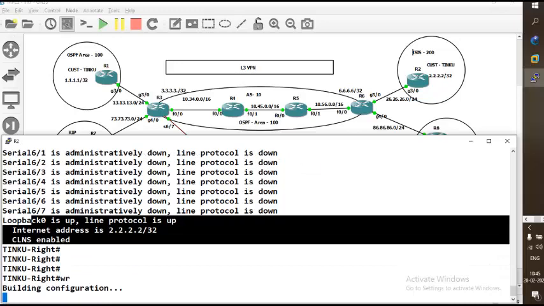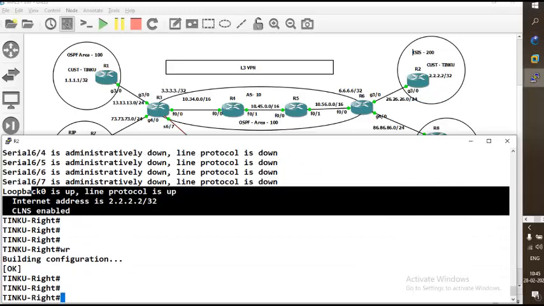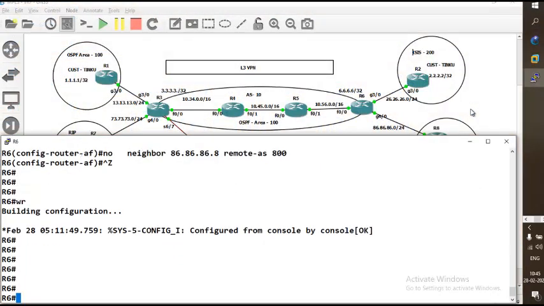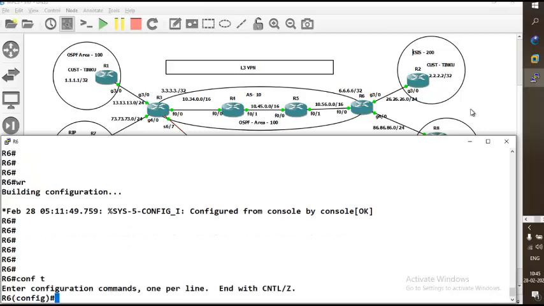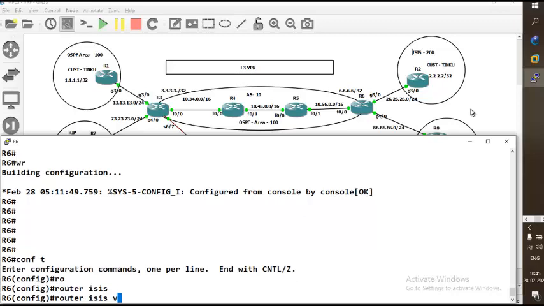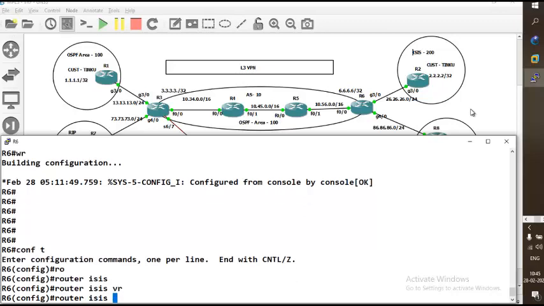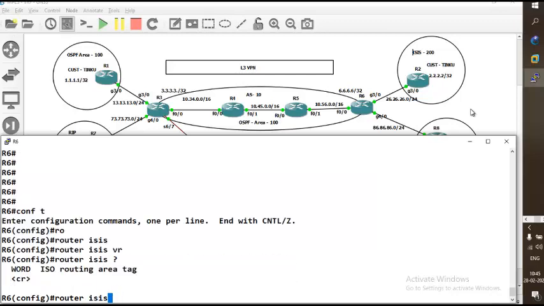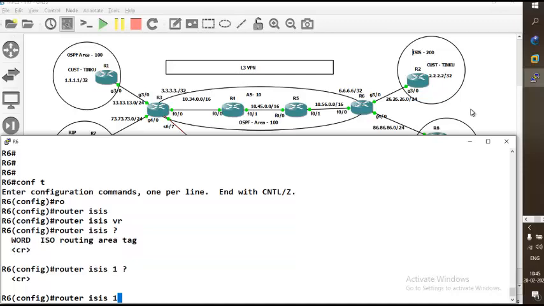Next, we need to go to R6. On R6, router ISIS VRF, router ISIS. No. Let's go straight to the interface then.